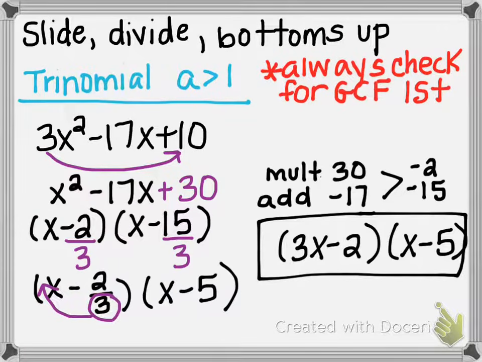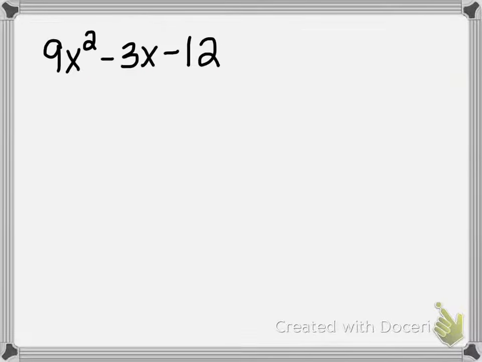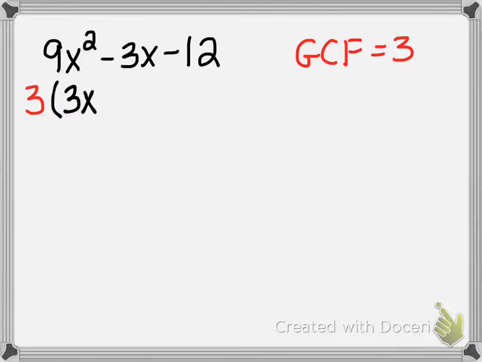And just to give you a little bit more, so I have 9x squared minus 3x minus 12. The first thing I'm going to look for is that GCF, and I should recognize that I have a GCF of 3. So I'm going to pull that 3 out, and that's going to leave me with 3 times x squared minus x minus 4.